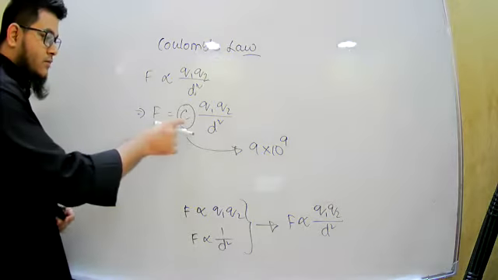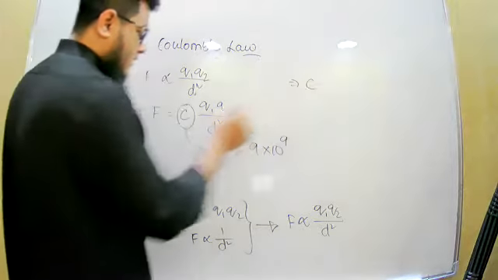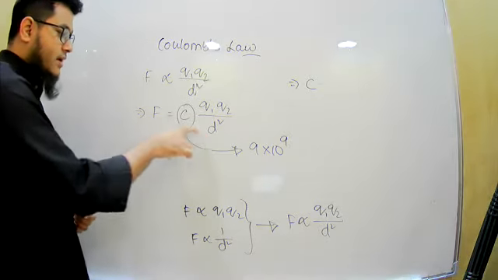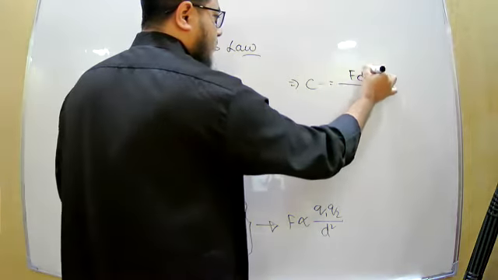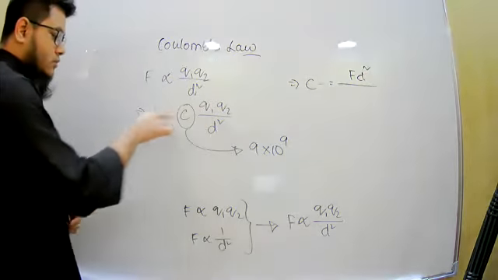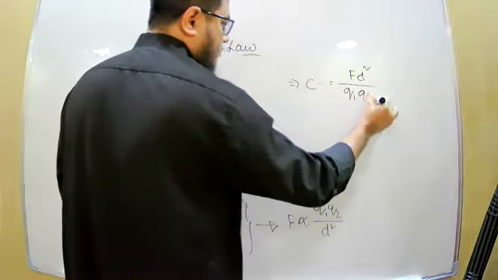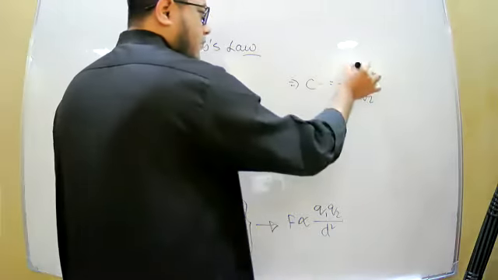So if I want to find an equation for C, what can I write? This D square, if I change the side, as it is divided, it will be multiplied. So it will be F D square, and Q1 Q2 will be divided over here. What is the unit of force?